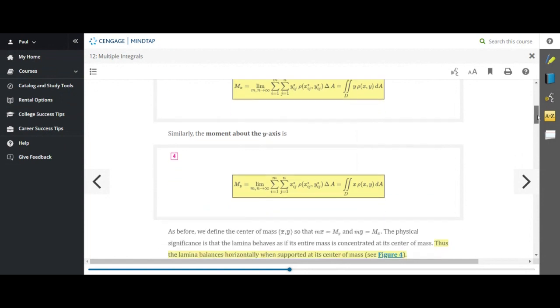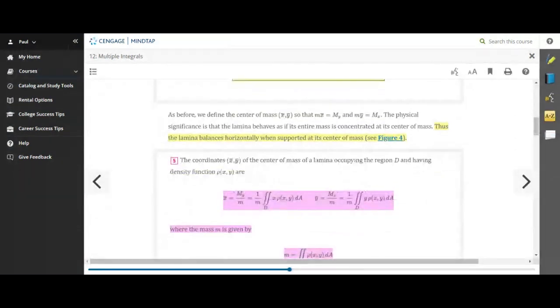So now how do you find the center of mass? If you're looking for the x-coordinate of the center of mass, you take the moment about the y-axis and divide by the total mass. And for the centroid or center of mass y-coordinate, y bar, you take the moment about the x-axis and divide by the total mass.